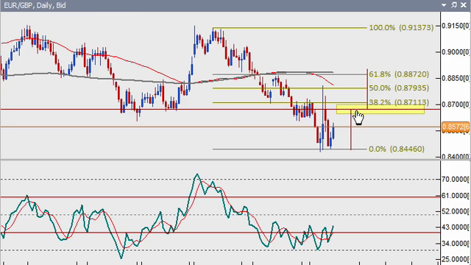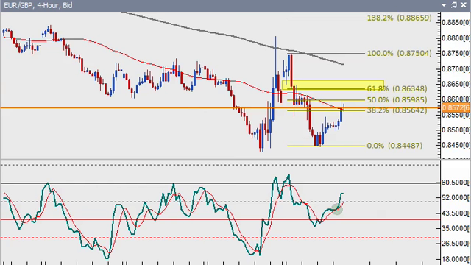Now if the market breaks above that, so looking at the 4-hour time frame, if the market breaks above this area and closes the gap, this is going to be coincident with testing our 200 moving average in the 4-hour. So that could be further confirmation if the market can break above this 200 moving average.